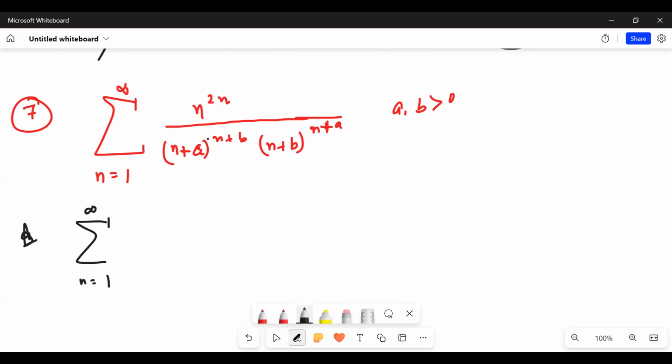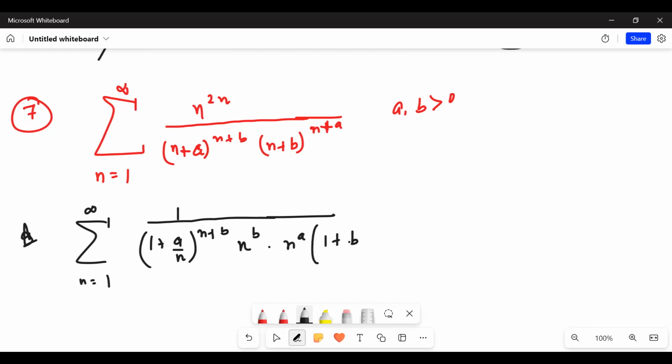If I take n common here and n common here, I'll get n raised to power 2n. So this will be 1 upon 1 plus a upon n raised to power n plus b. I will get n raised to power b times here, I'll get n raised to power a, and I'll get 1 plus b upon n raised to power n plus a. So sorry about it. Okay, so I've taken n common out, and this is what I've got now.